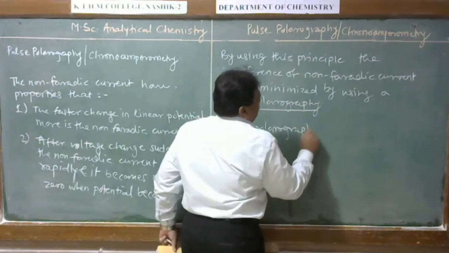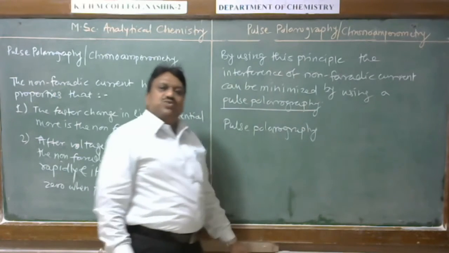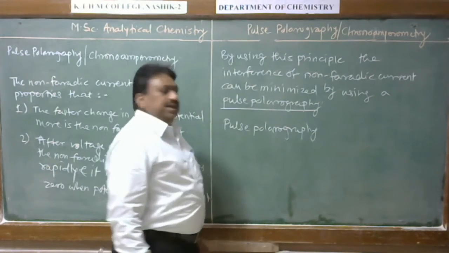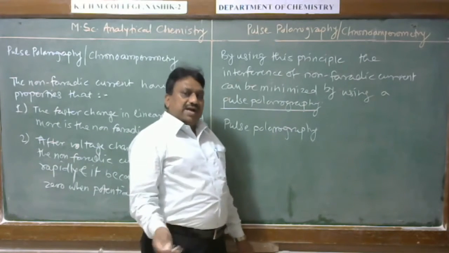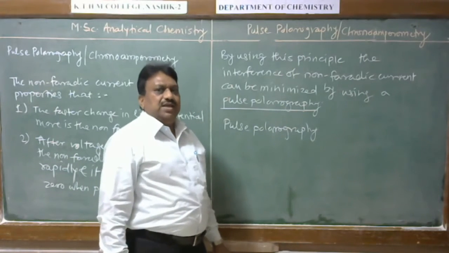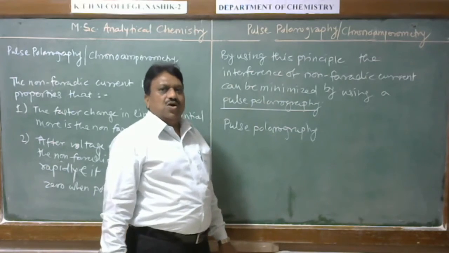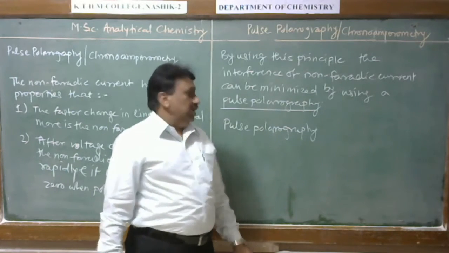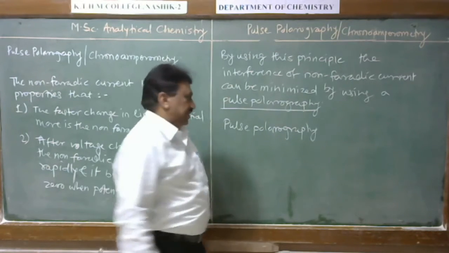Polarography is the term used when a dropping mercury electrode is used as the working electrode, and if it is another working electrode, such as a mechanical knocker or static mercury drop electrode, then it is pulse voltammetry.